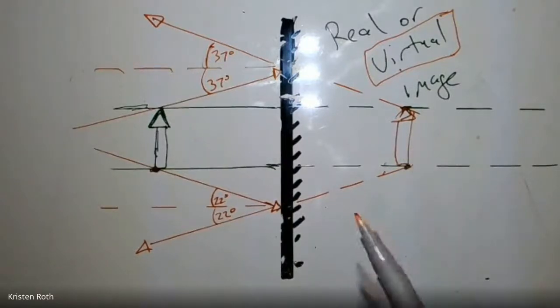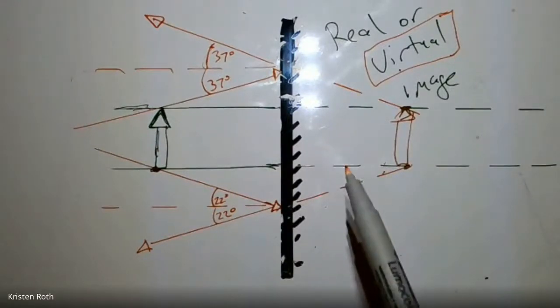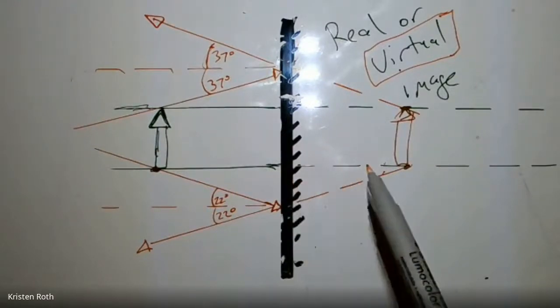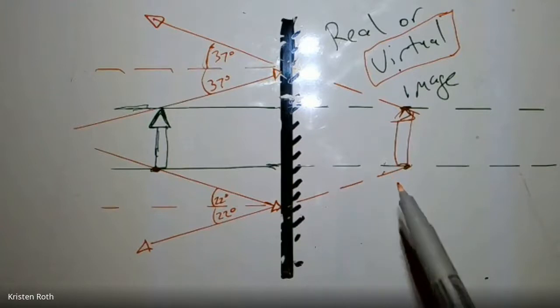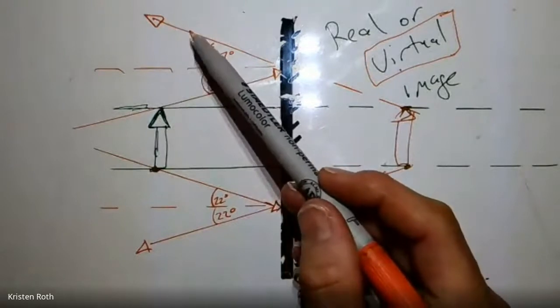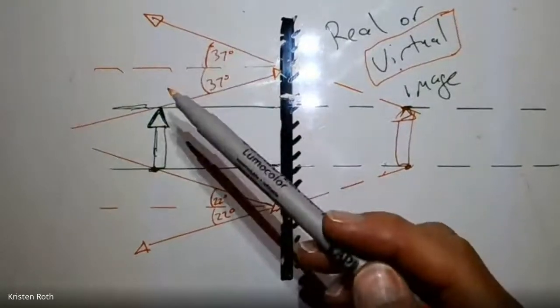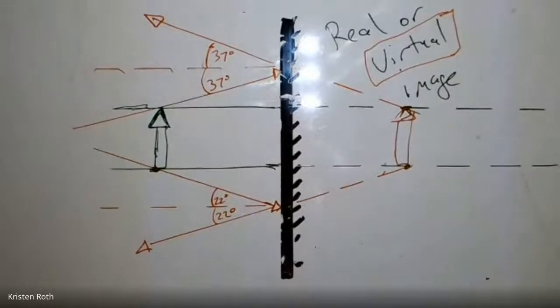And we're going to show you some of the ray diagrams, a couple of them for the mirrors, where the light rays actually do intercept, the real light rays. So the actual reflected light rays will intercept, and if you put a screen there, you would get an image on your screen. If you put a piece of paper there, you would actually get an image on your piece of paper.